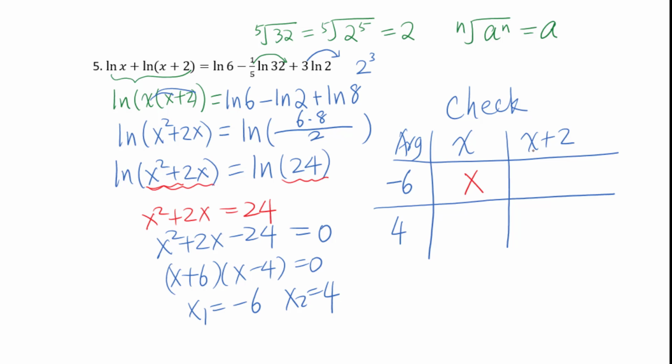You don't have to check x plus 2. You have to make sure all the arguments are positive. 4 plugged into x is positive. 4 plugged into x plus 2 is positive. So x equals 4 is the only solution.